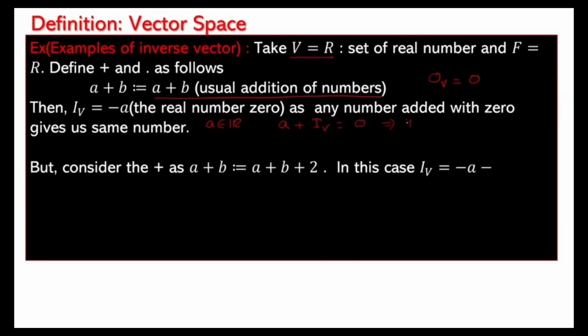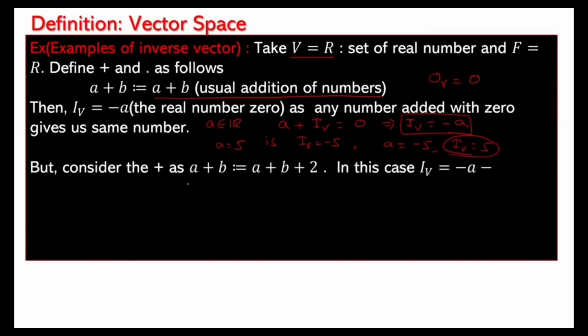So this implies iv is equal to minus a. So the negative of any number is its inverse. So the inverse for a equal to 5 is minus 5, and the inverse for a equal to minus 5 is 5.